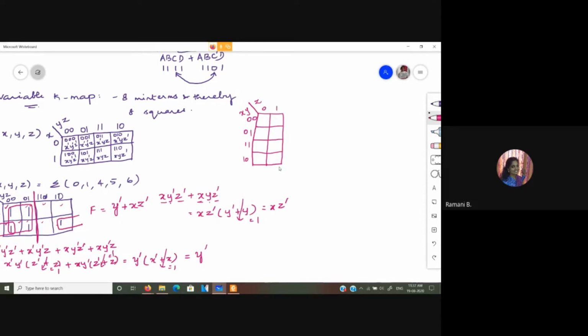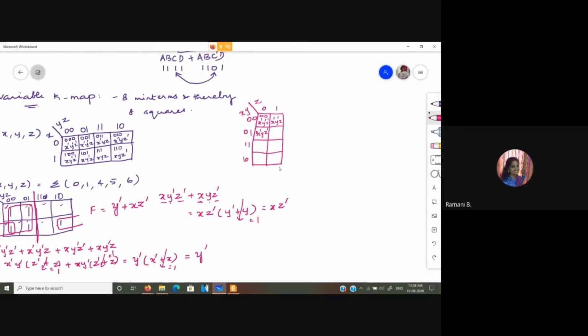So the min terms corresponding to this: this is 0, 0, 0, so this will be M0, X bar, Y bar, Z bar. This corresponds to M1, so X bar, Y bar, Z. This corresponds to M2, so X bar, Y, Z bar.